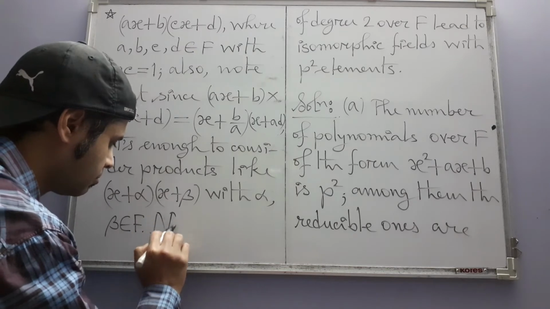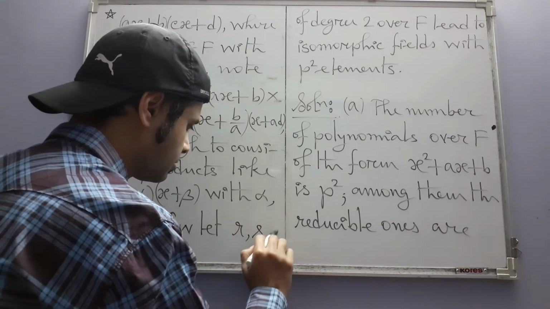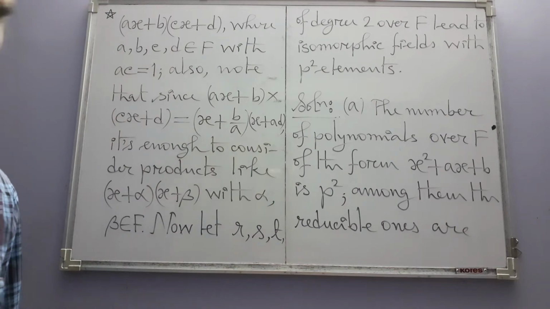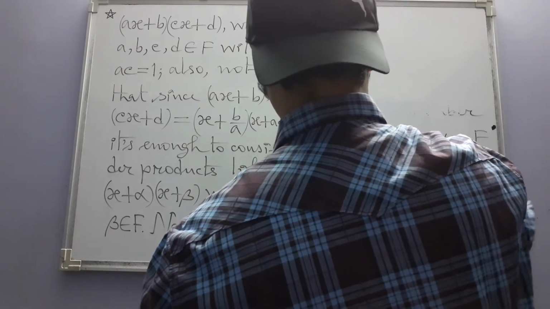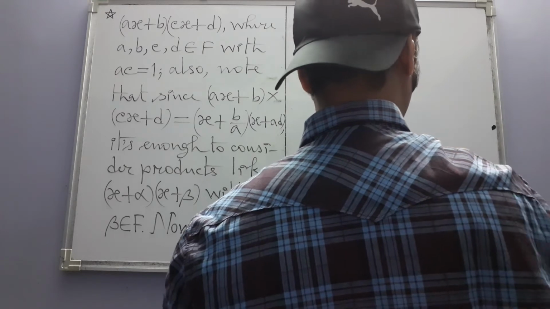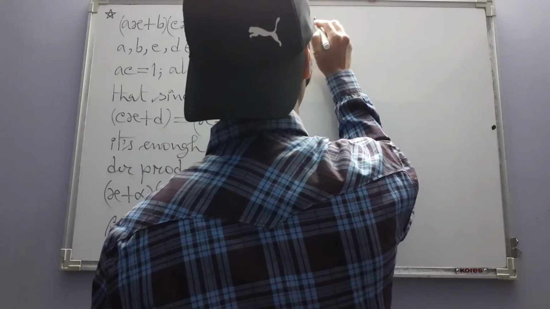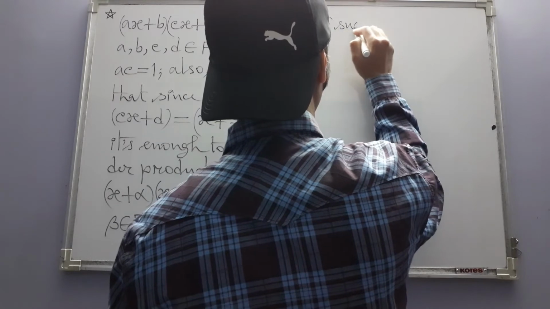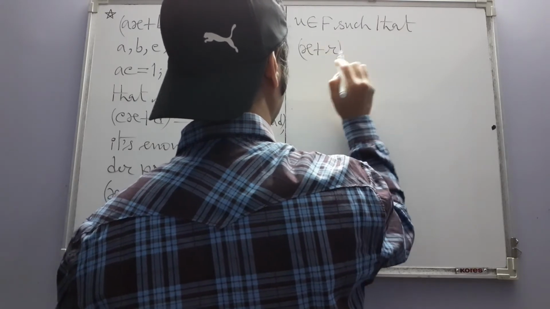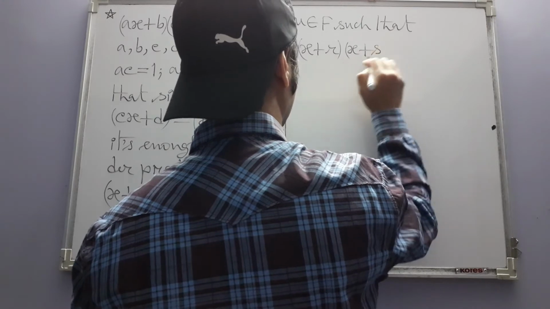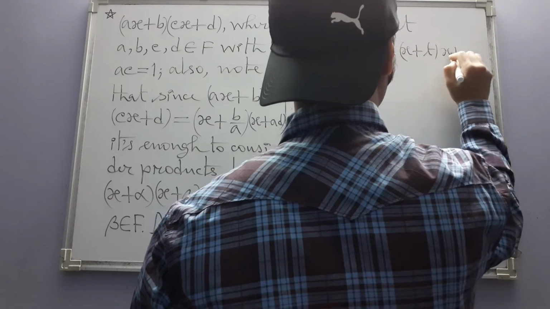Now let r, s, t and u belong to F such that (x plus r) times (x plus s) equals (x plus t) times (x plus u).